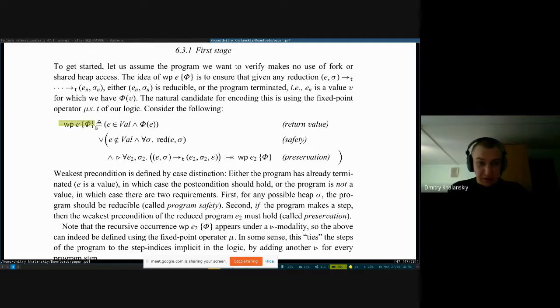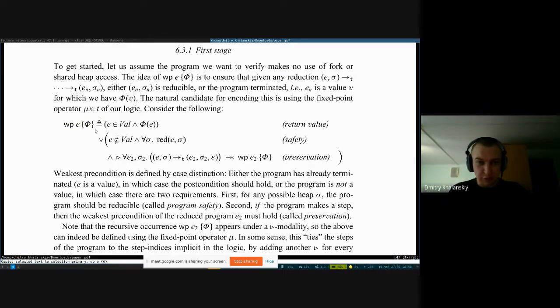Why and when does the weakest precondition hold? It holds in two cases. One case is when the program is itself a value, and we don't really have any ability to reduce it further. Then, in order to show the weakest precondition, we have to show that this property holds on the result.